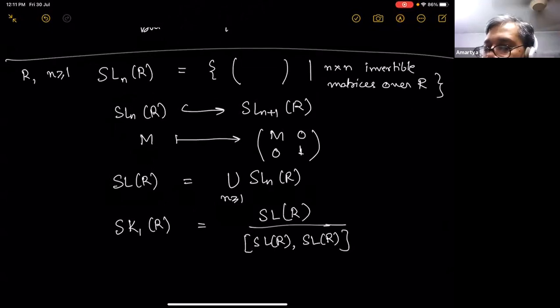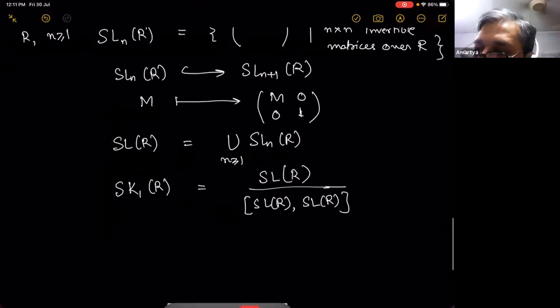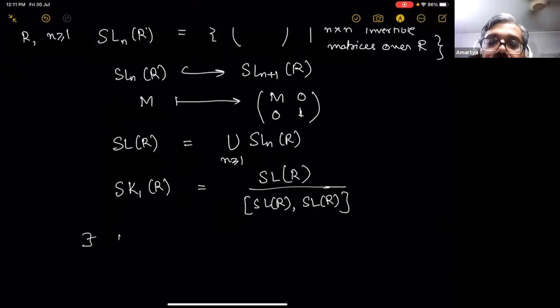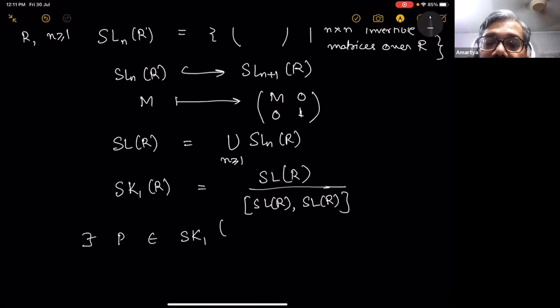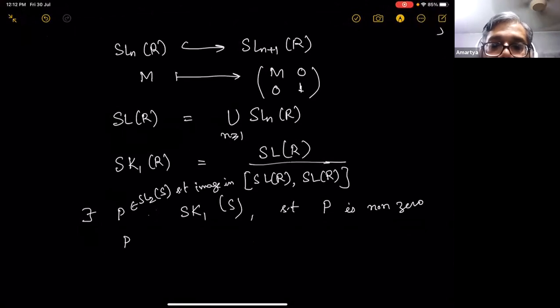So what we say when I say that there exists an element P in SK1 of R, in my example this is SK1 of S, such that P is not 0, means P is a matrix in SL2 of S such that its image in SK1 of S is non-zero.